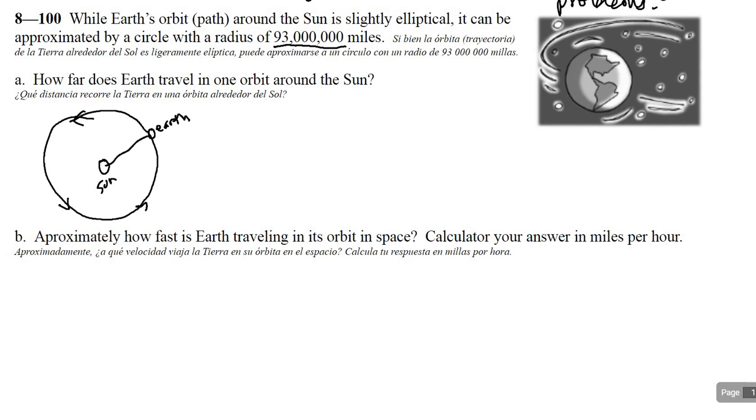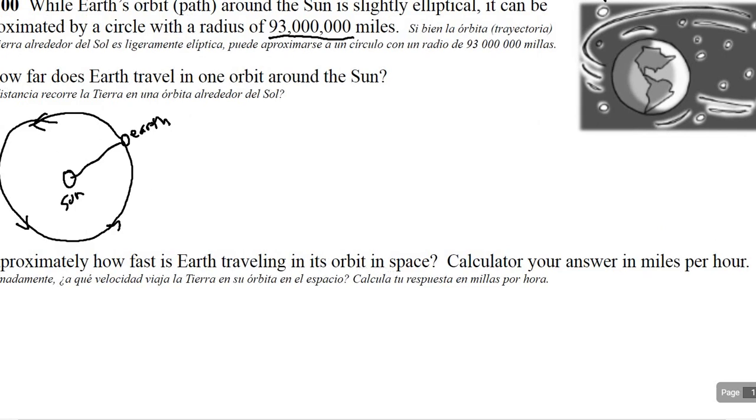And the radius is 93 million miles. Therefore, my circumference, 2 pi r, is equal to 2 times pi times 93 million miles.